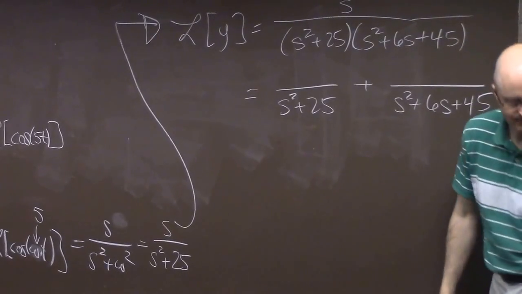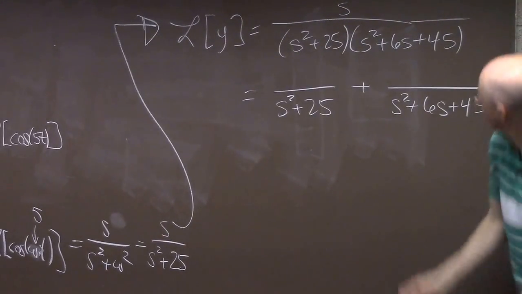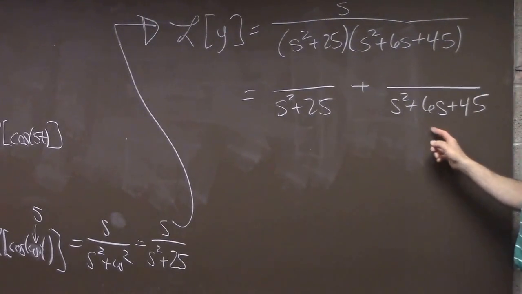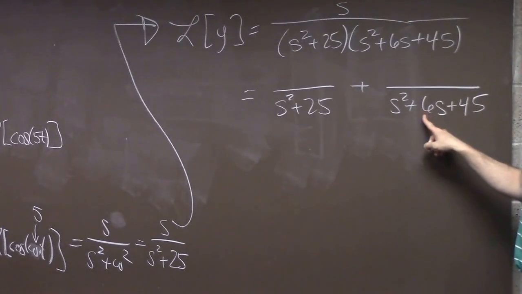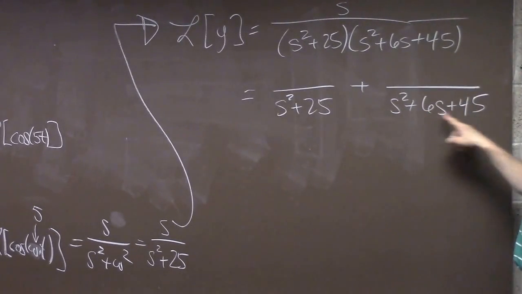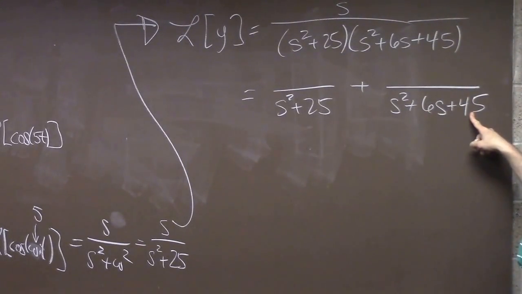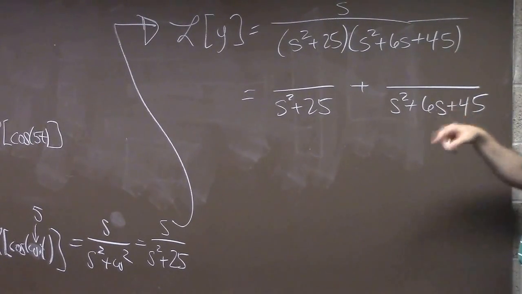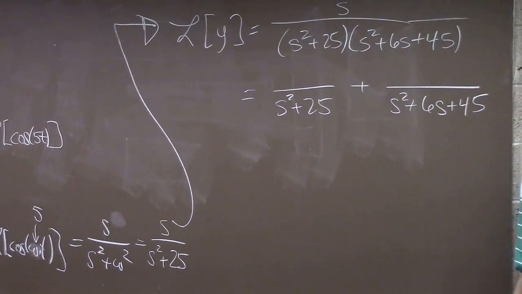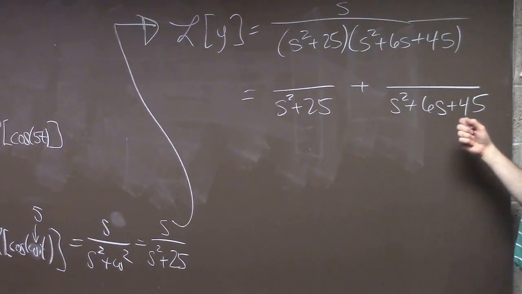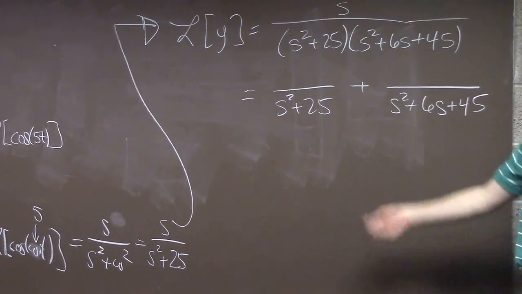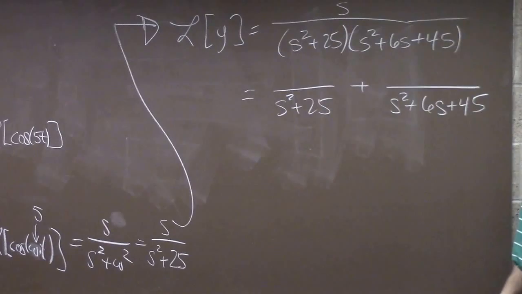Can't factor that. The roots of this one are going to be complex. Think about b squared minus 4ac. 6 squared is 36 minus 4 times 45 is minus 180. You're going to get a negative 144 under the square root. So, can't factor these things.